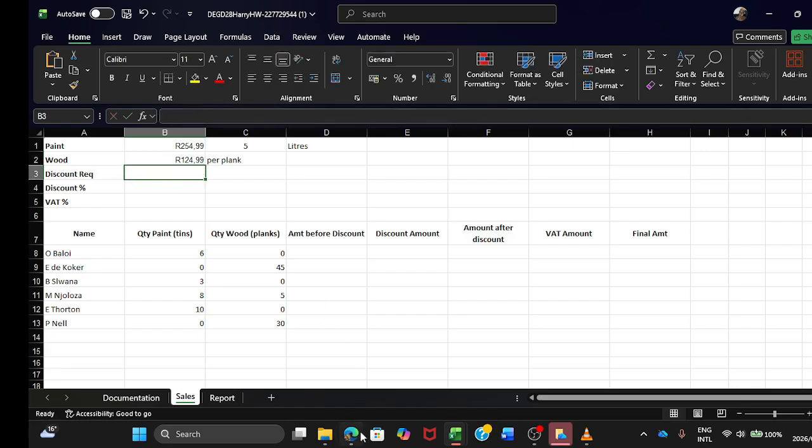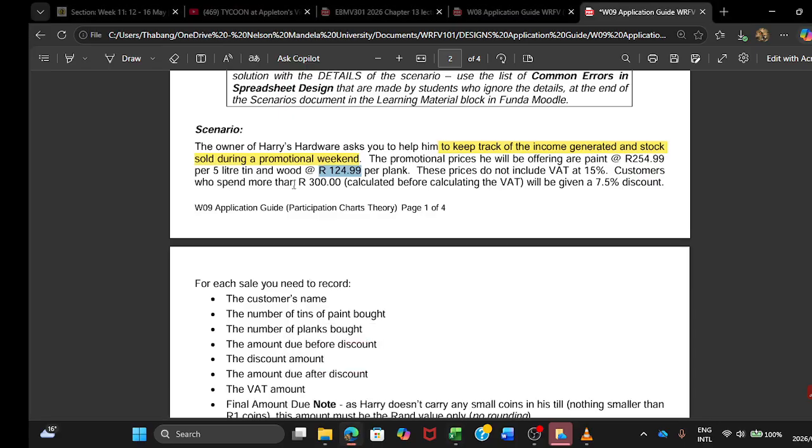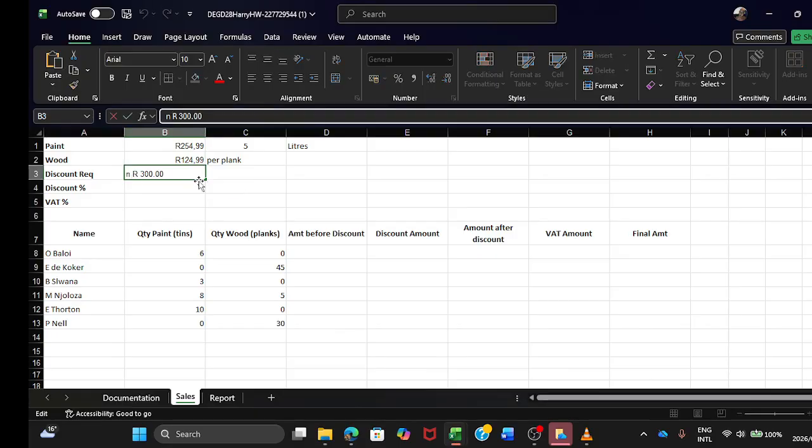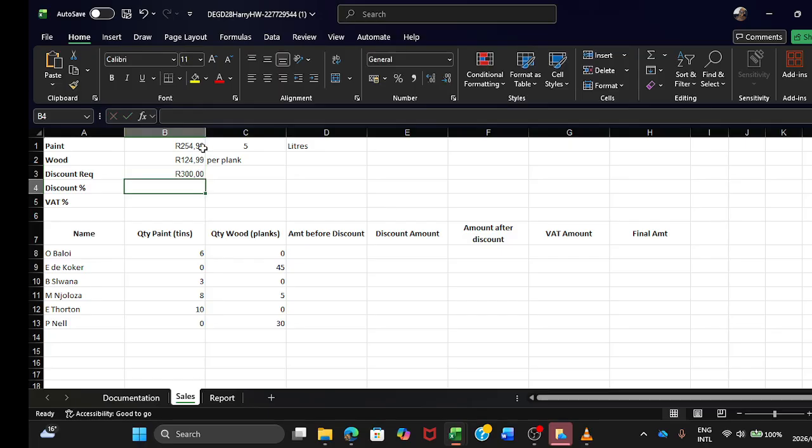Then the discount required. So if you spend more than what? If you spend more than 300, then you'll get a discount. So this is the discount. We're going to put this thing here. Let's remove this and put this here, which means we're going to have a comma, so it just shows currency.